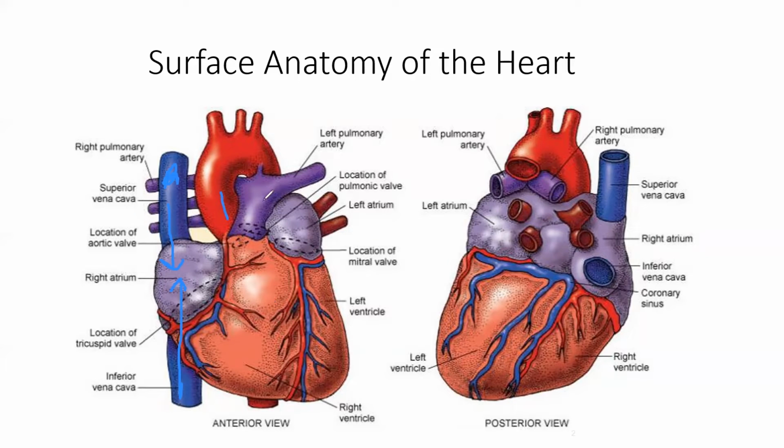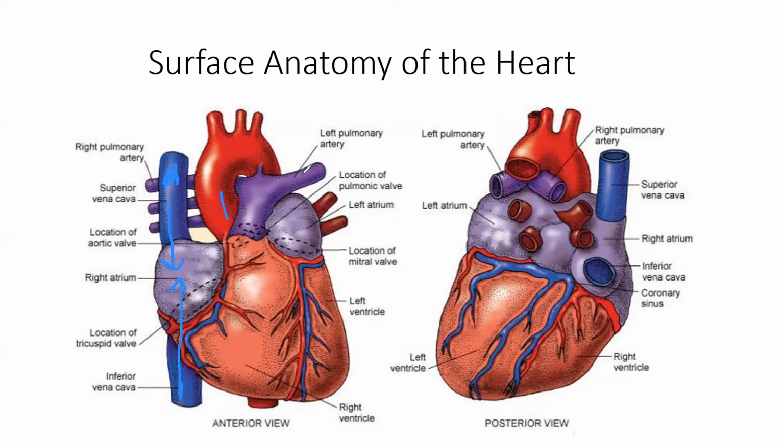I also want to show you that we have the left pulmonary artery. The blood from the right ventricle drains into the pulmonary artery. The pulmonary artery is one place where you're going to see an artery carrying deoxygenated blood.